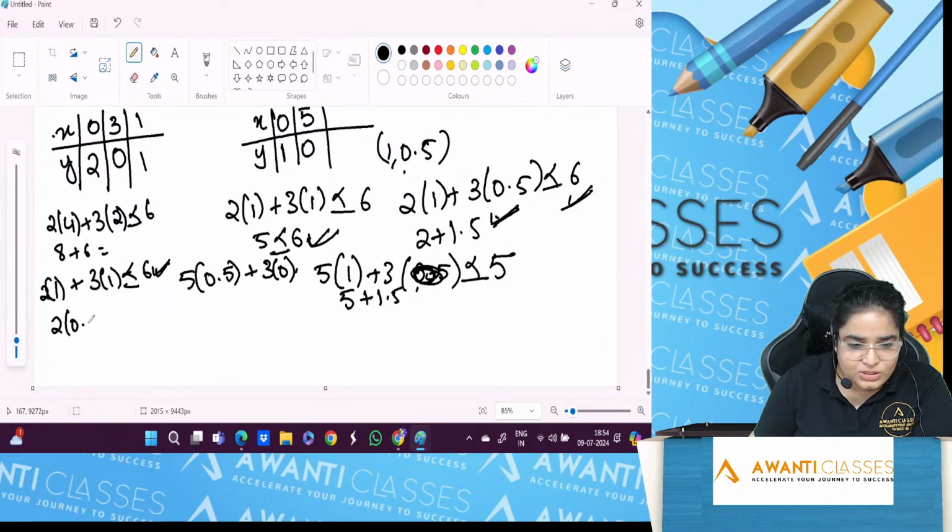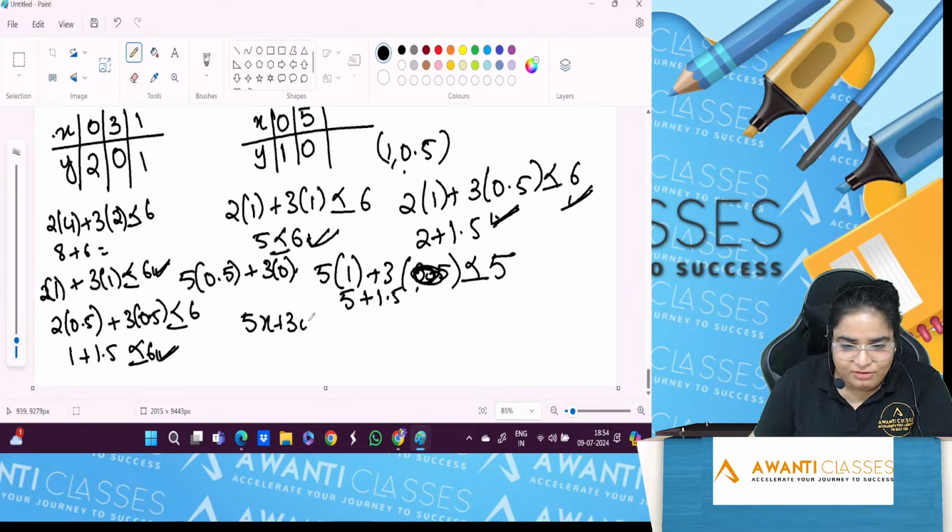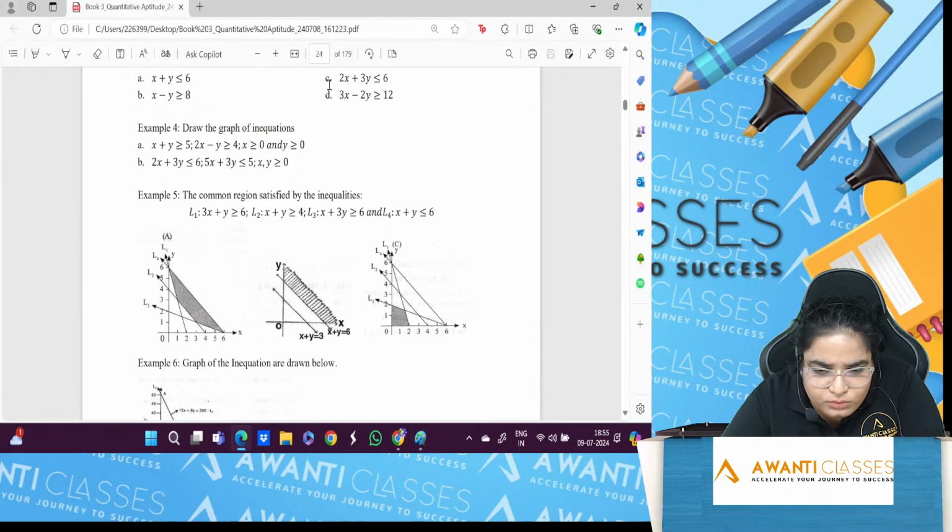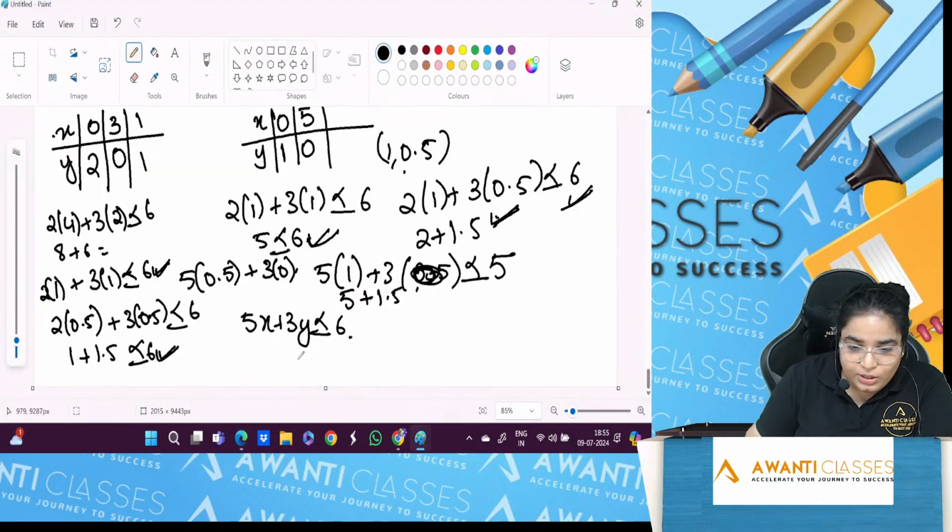So, 2 into 0.5 plus 3 into 0.5 should be less than or equal to 6. So 1 plus 1.5 is less than or equal to 6, satisfied. Similarly, 5x plus 3y should be less than or equal to 5.